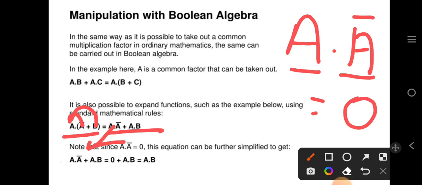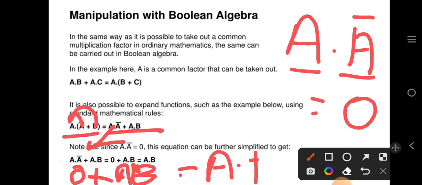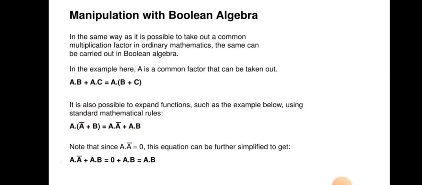So we know that A dot A bar is 0, plus A dot B. Anything added to 0 gives A dot B. So this is the final solved equation. These three are just like mathematical calculation. These are basic rules, but they are very important while solving a complex circuit.